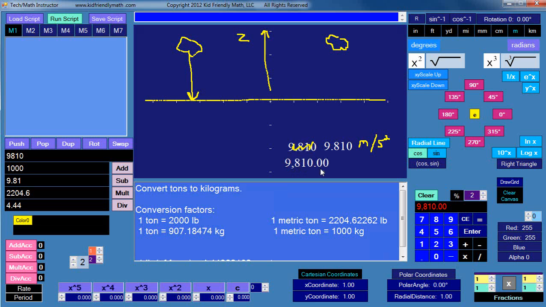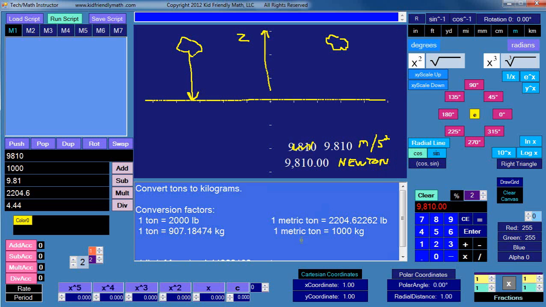But suddenly that becomes a weight, but it's not a weight in pounds. What it becomes is a weight in newtons. That would be the equivalent of what a pound is in the US system.